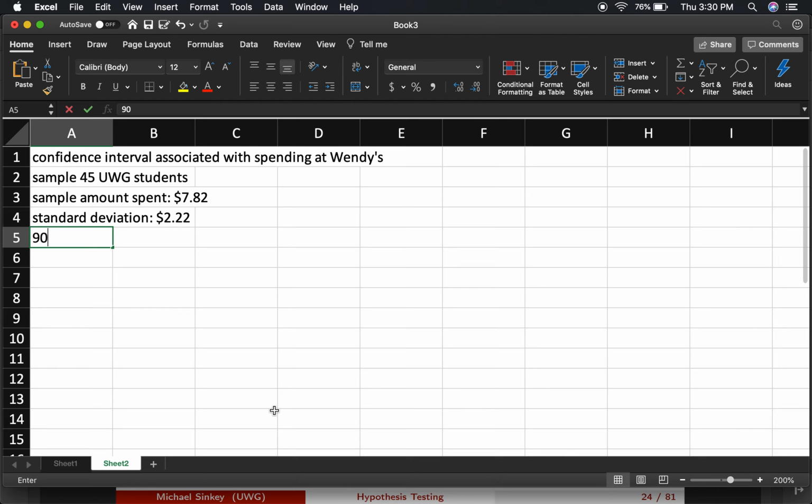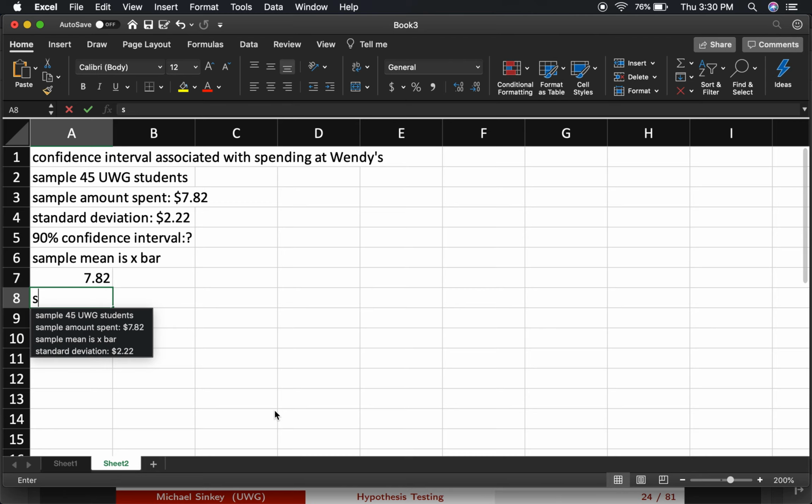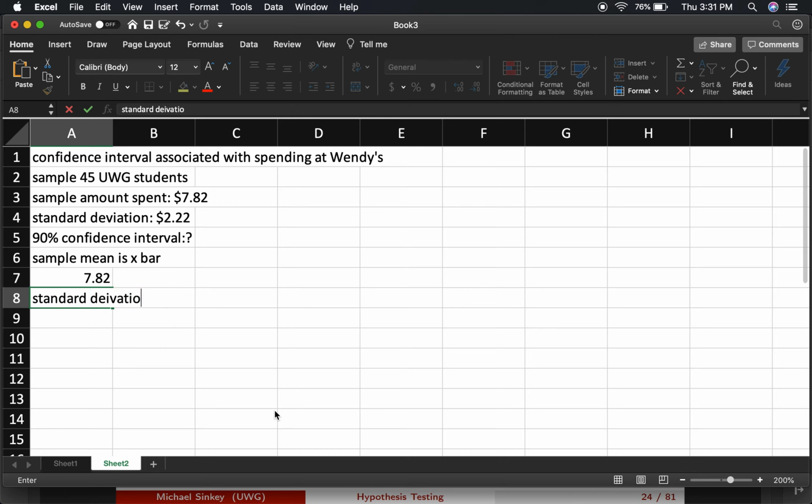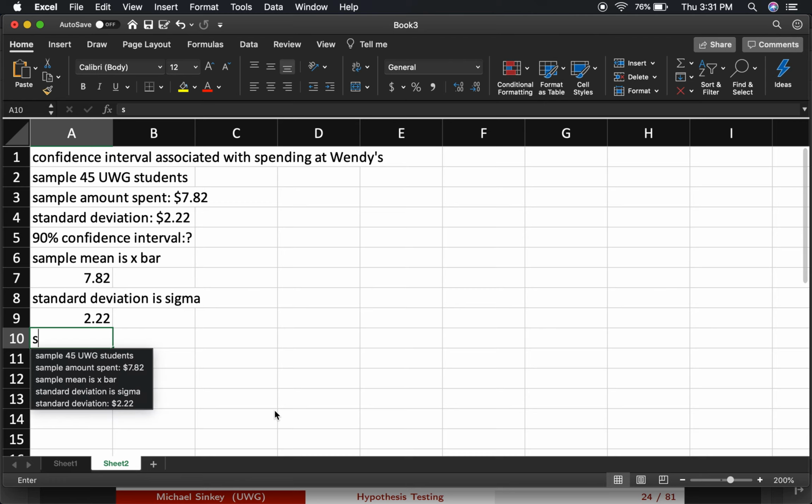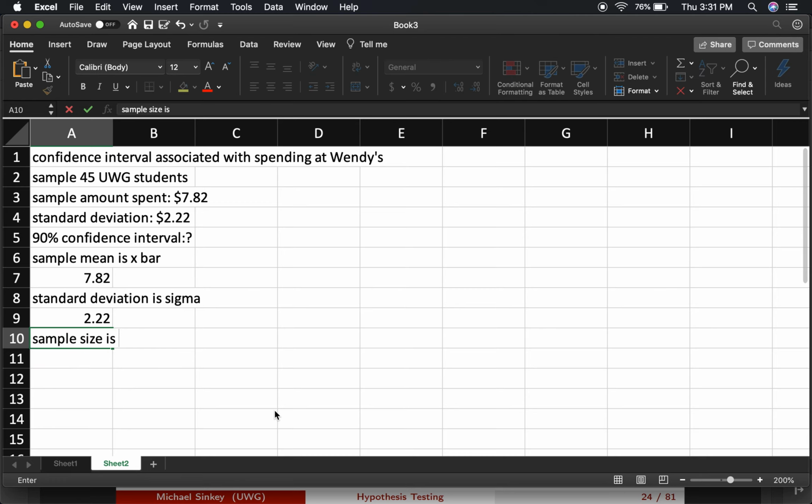What does a 90% confidence interval look like? Sample mean is X bar. So that's 782. Standard deviation is sigma. That's 222. Sample size is n. That's 45.